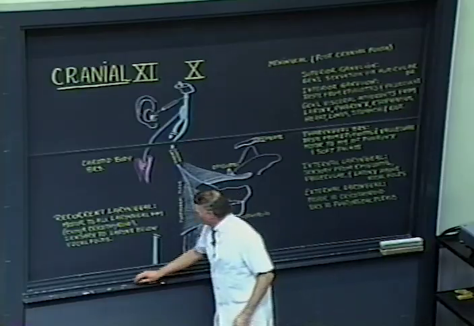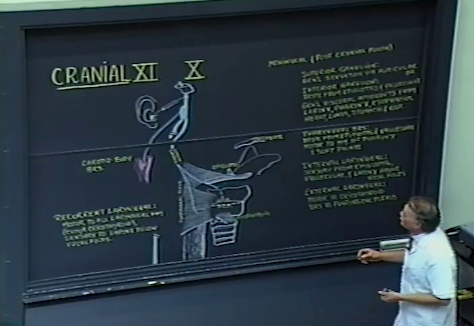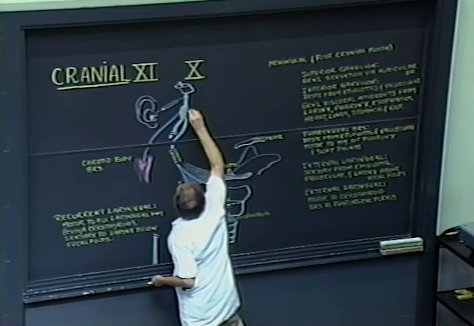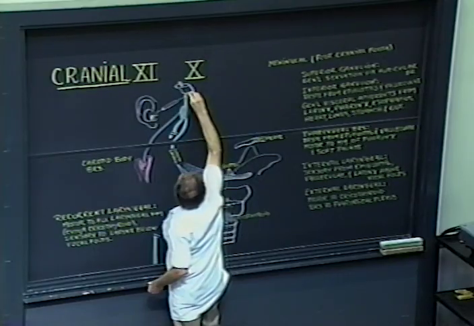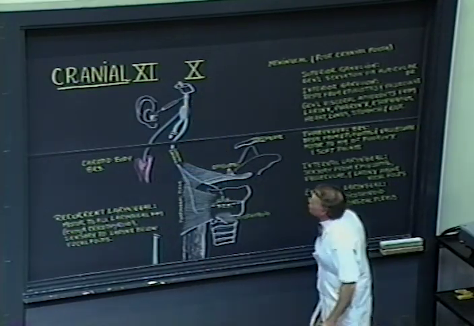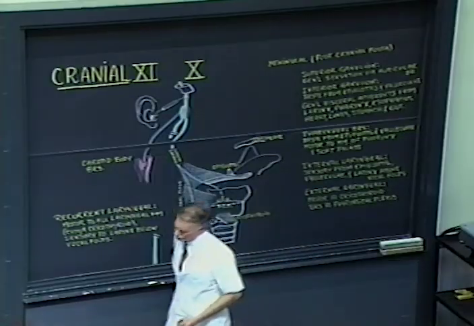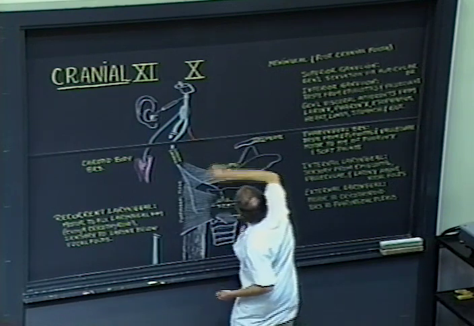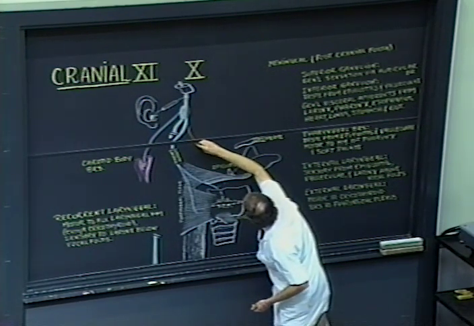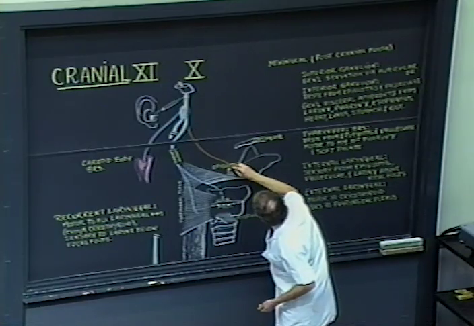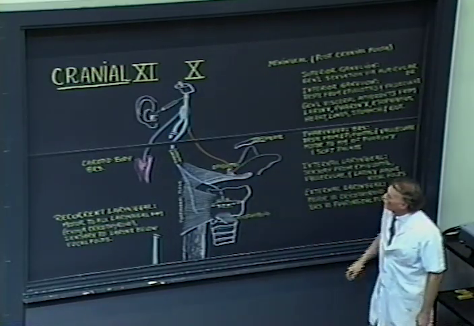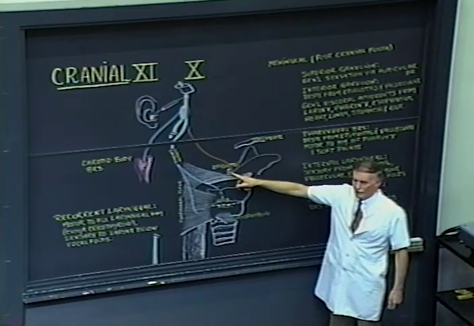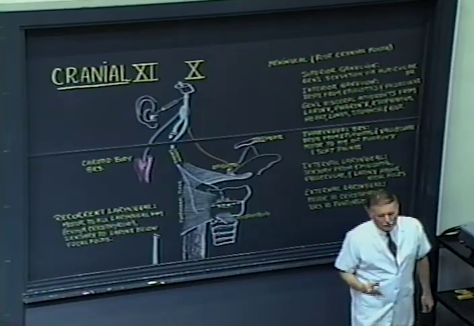In addition, associated with this inferior ganglion, there are taste fibers. And these taste fibers will run to glands of taste, organs of taste, on the epiglottis and in the area of the valleculae.